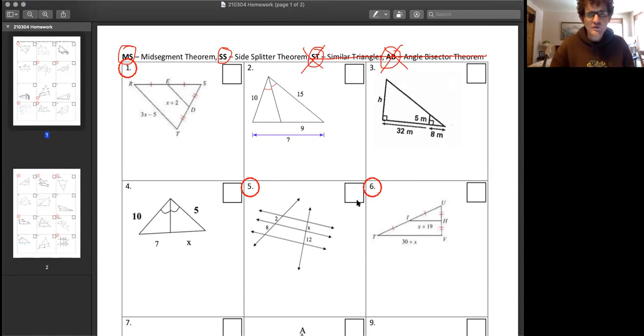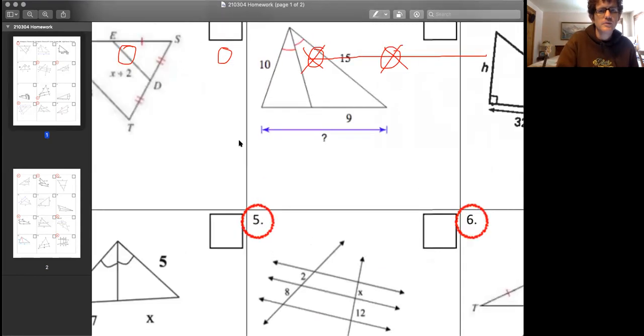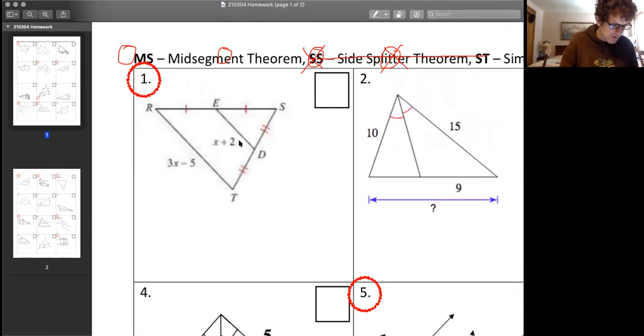So if I focus on number 1, this will illustrate what you're looking for to determine the appropriate theorem for this problem. The key thing with mid-segment theorem, the giveaway, is that you're going to be looking for congruence marks, because what these congruence marks tell you is that these 2 points are midpoints, and therefore ED is a mid-segment.